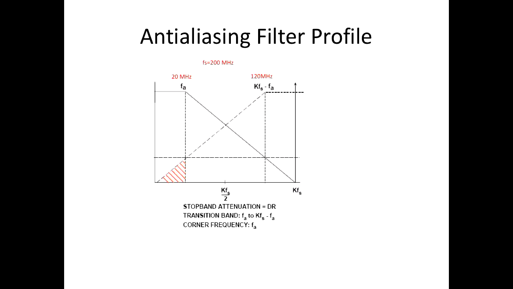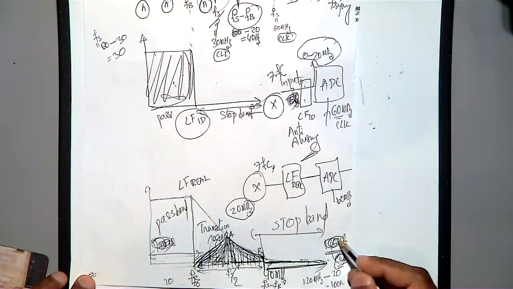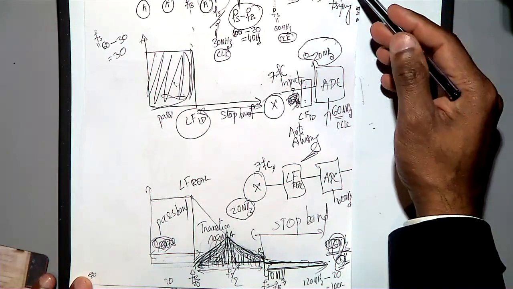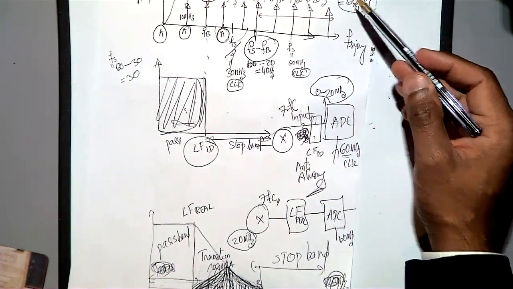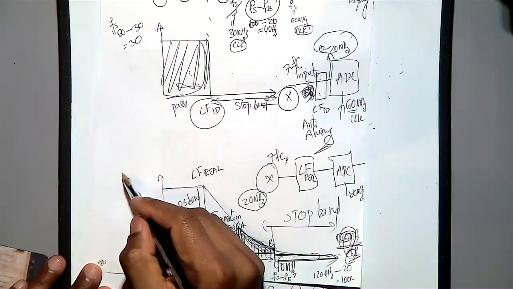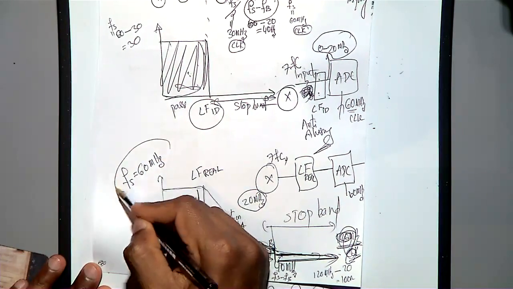Now I will come back to the drawing, because I want to make sure that you understood. See, here everybody is agreeing. We are using a 60 megahertz clock, which is the lowest. So if the clock equals 60 megahertz, that is the sampling frequency.